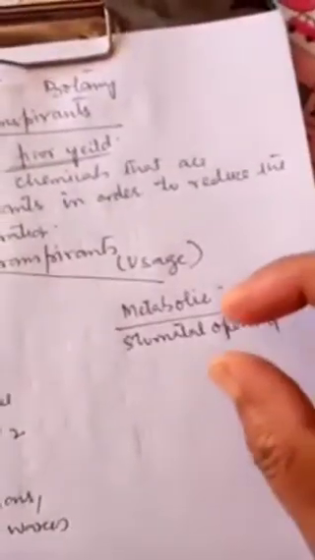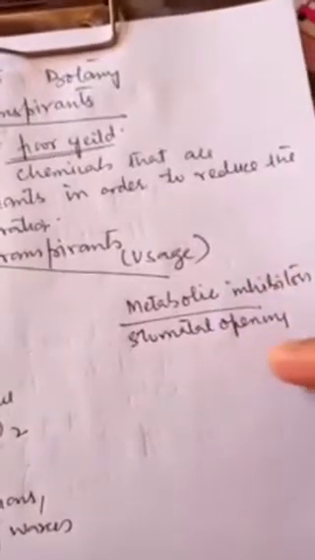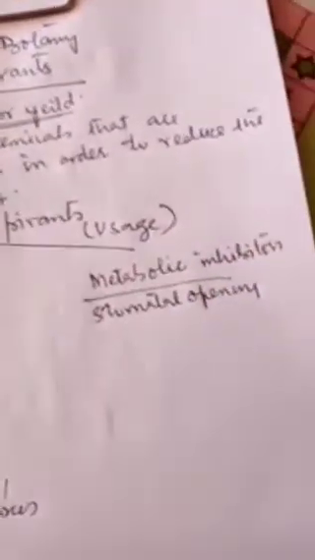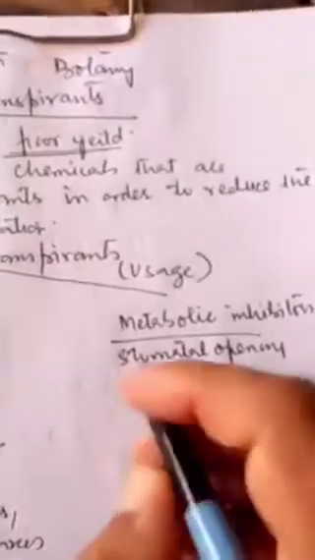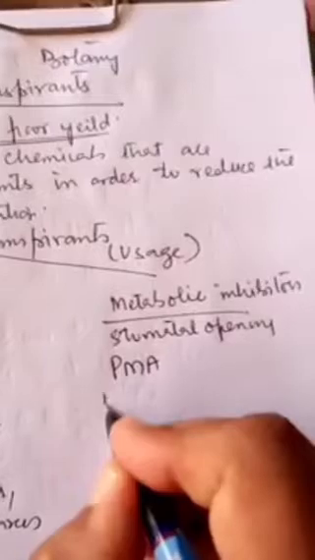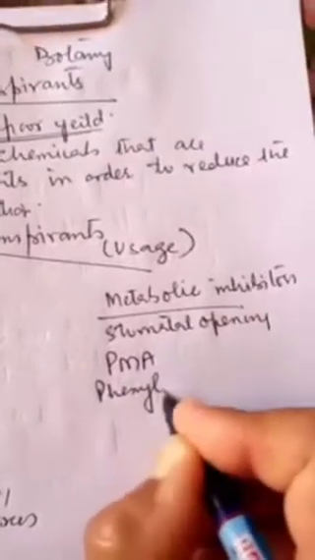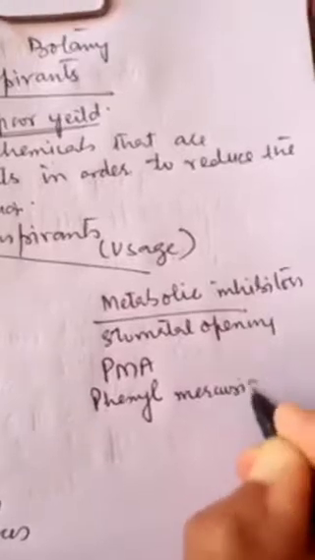So these inhibitors reduce the opening of the stomata, and thus they reduce the rate of transpiration. We have chemicals like PMA. What is this? It is phenyl mercuric acetate. This is one.